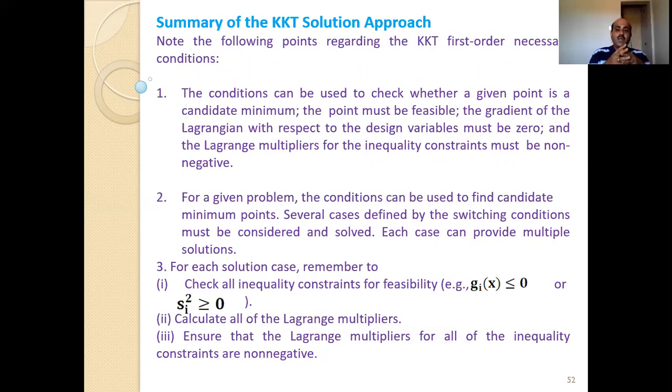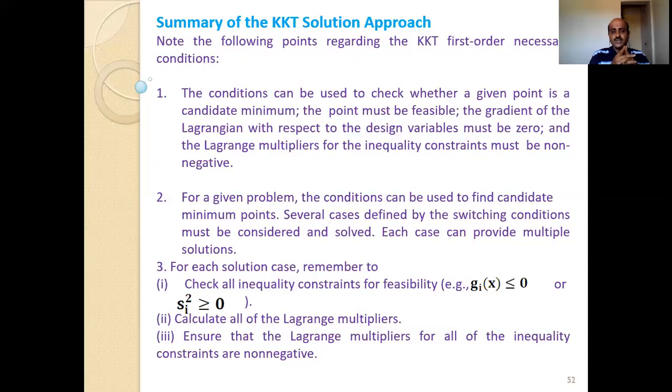The KKT first order necessary conditions can be used to check whether the given point is a candidate minimum. The point must be feasible. The gradient of the Lagrangian with respect to the design variables must be 0, and the Lagrange multipliers for the inequality constraints must be non-negative.